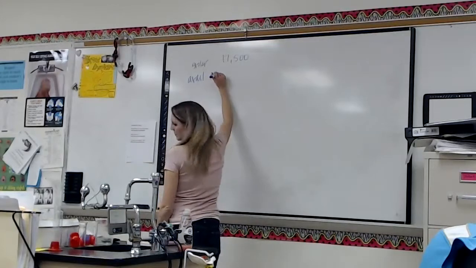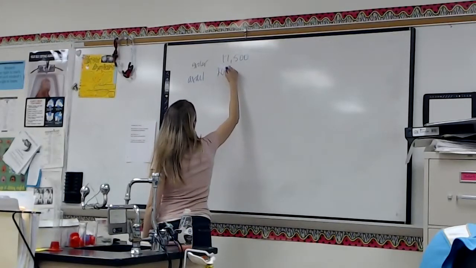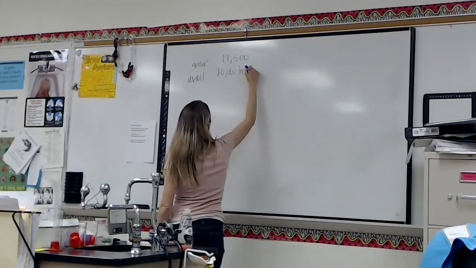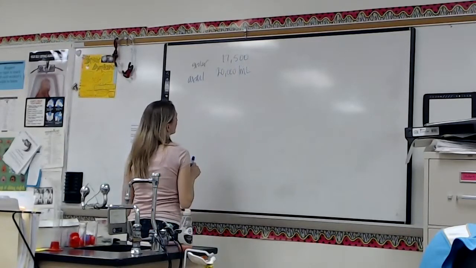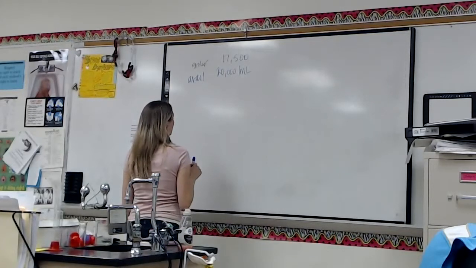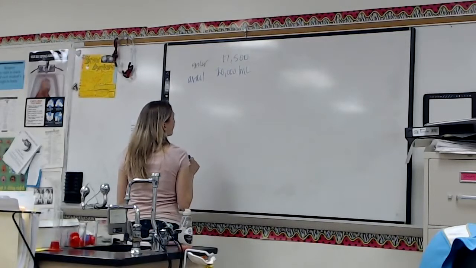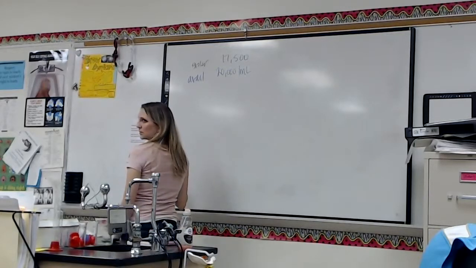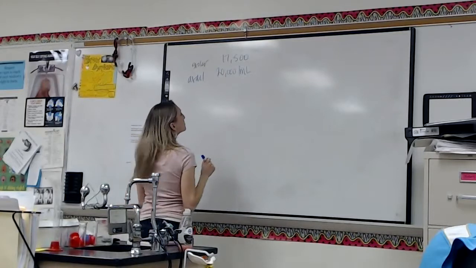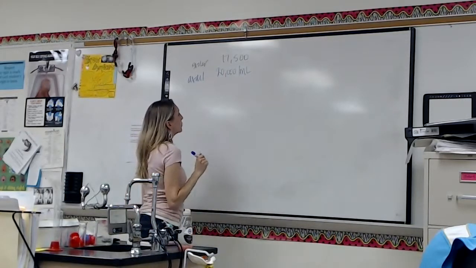So what's available? 20,000 per milliliter, 1 milliliter. I'm going to say 0.75 milliliter. Oh yeah, because 15 would be 0.75.